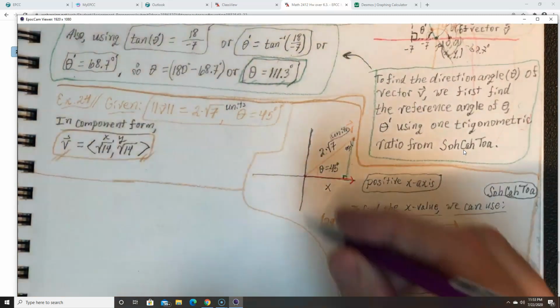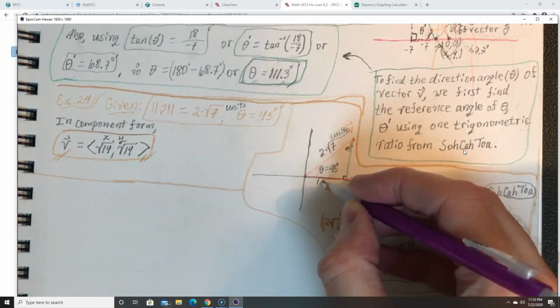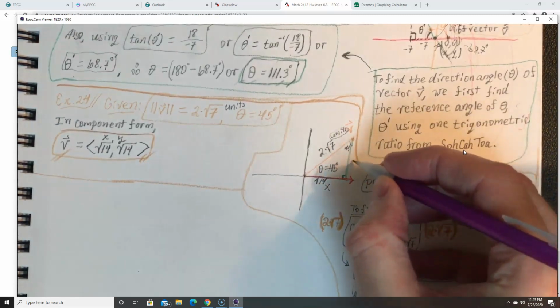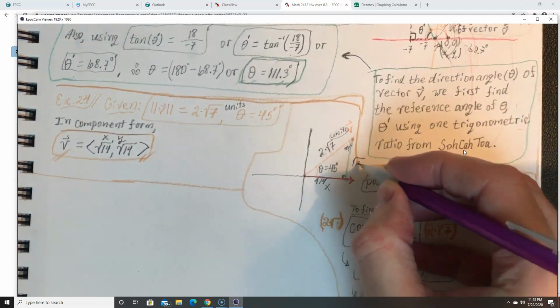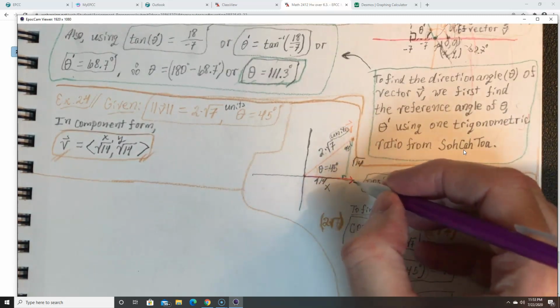So if this side is the square root of 14 units long, then this is also the square root of 14 units as well, because of the 45, 45.